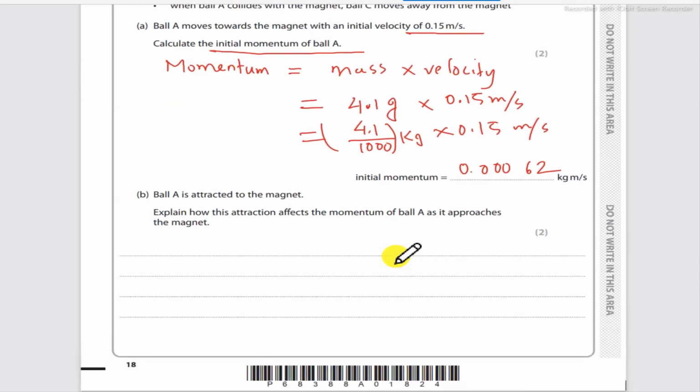Ball A is attracted to the magnet. Explain how this attraction affects the momentum of the ball A as it approaches the magnet.